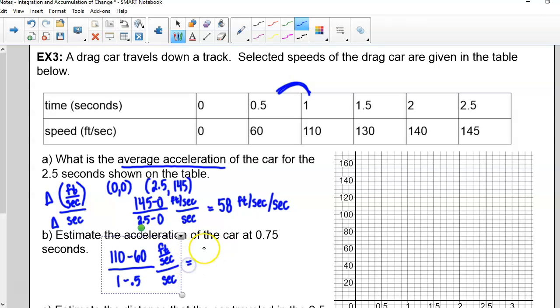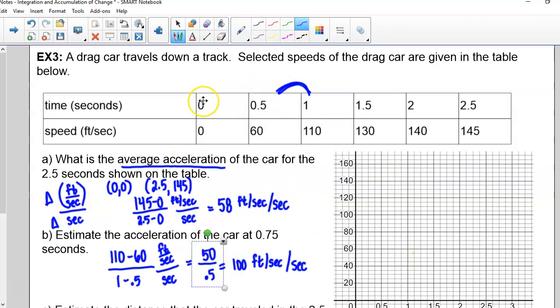So we would get 50 over 0.5, which is going to give us 100 feet per second per second. So it's an estimated slope. It's not exactly that, but it'd be our closest bet.